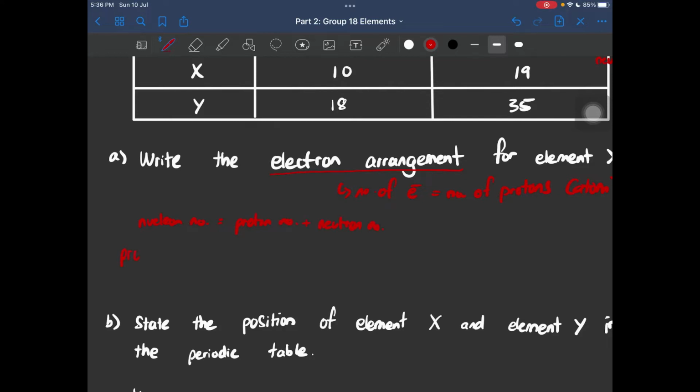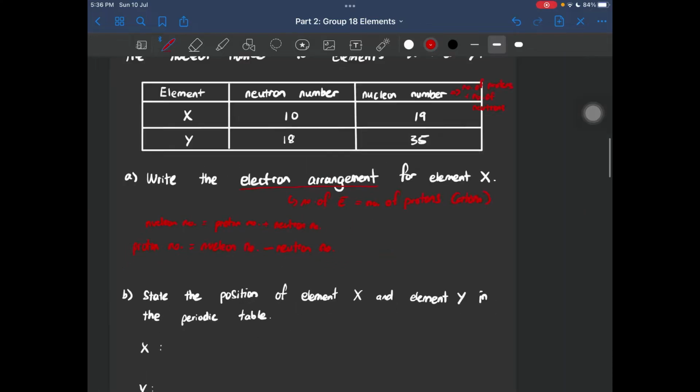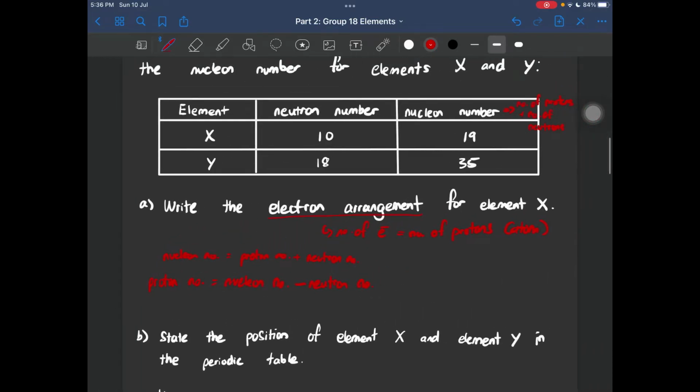Therefore, the proton number is equal to the nucleon number minus the neutron number, because the nucleus is made up of protons and neutrons. So if we have the total number of protons and neutrons in the nucleus, which is the nucleon number, and we have the neutron number, then we are able to find the proton number by subtracting the neutron number from the nucleon number, right?